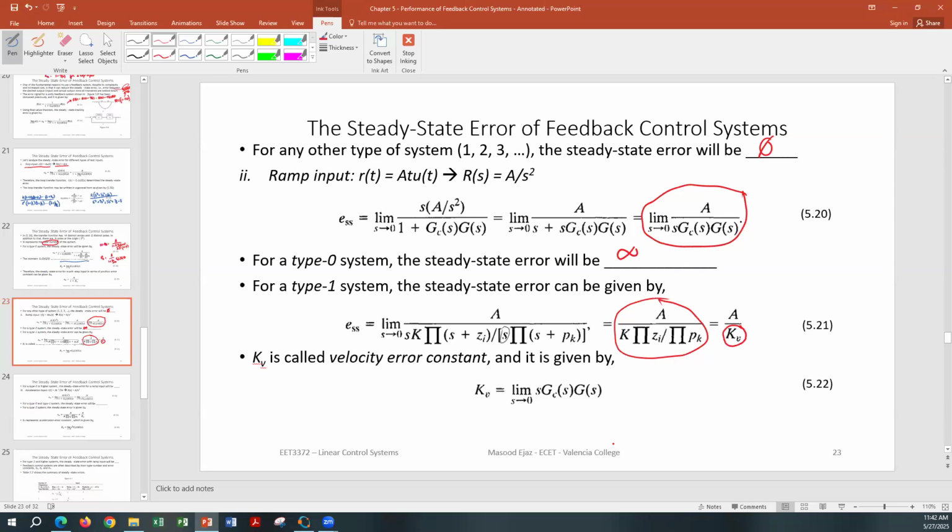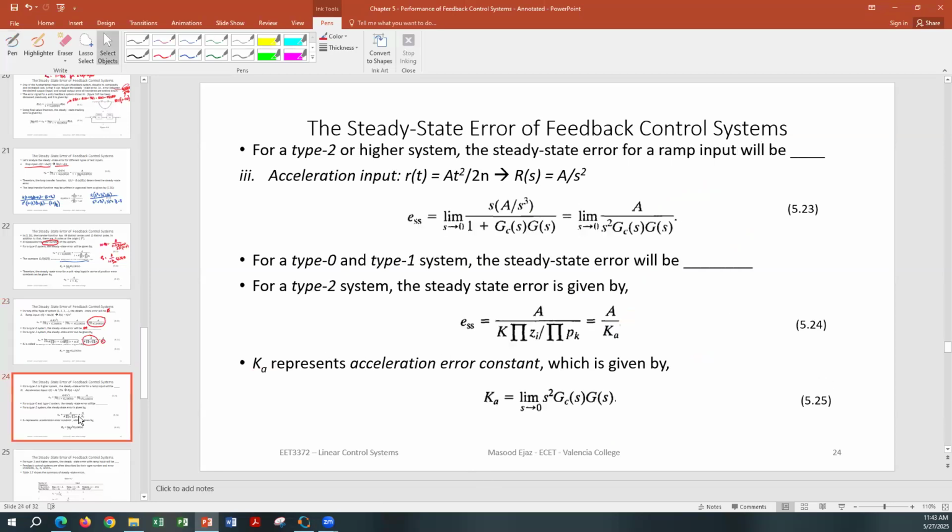It's going to be 0, because when you're putting s squared, let's say, 1 power of s will be cancelled out by this 1 power. So the denominator is going to be s, and that's going to become 0. So the whole denominator is going to become infinity, and A over infinity is going to be 0. So for type 2, 3, 4, all the higher type systems, for your ramp input, the steady state error is going to be 0.